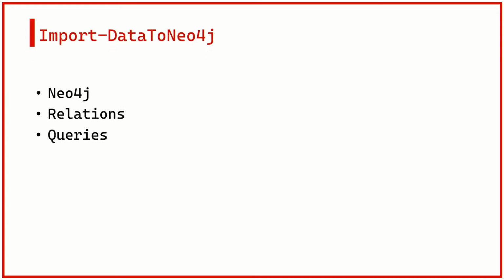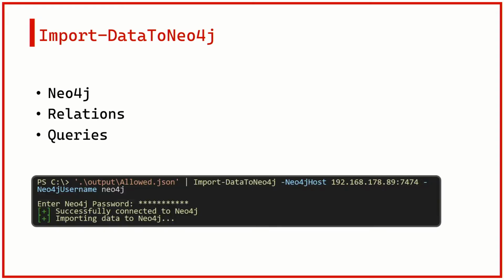What it does, it uses Neo4j, which is a database to show relations between your data, and you can query the data using Cypher queries. And I've written a commandlet for that, so you can pipe your fuzzing results, your JSON file, to the import data to Neo4j.